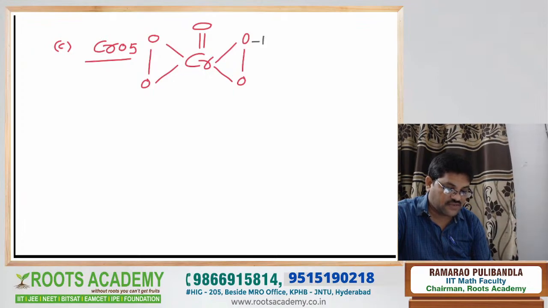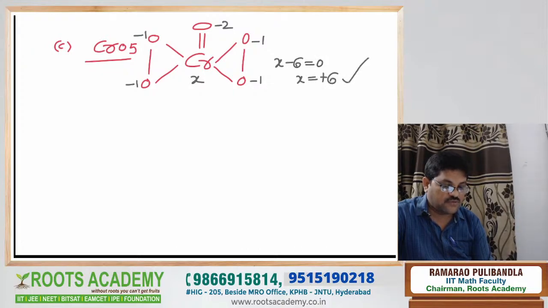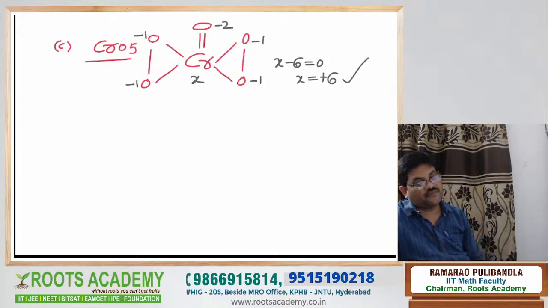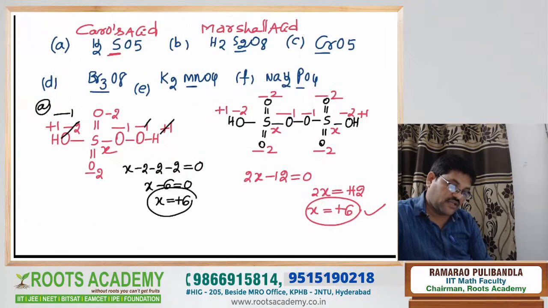That's why this is minus 1, this is minus 1, this is minus 1, this is minus 1, and this is minus 2. This is X. Now X minus 6 is equal to 0. X is equal to plus 6. Chromium is in the plus 6 state because of the peroxy bond. This is called chromium peroxide. Take the next example.